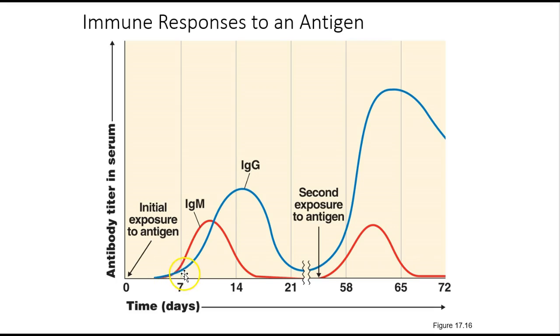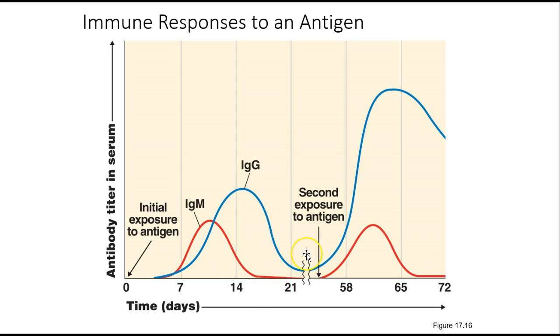As we go through the days, somewhere around here is where you're going to start to feel better, and your body is definitely going to be beating it up. It's because of these IgM and IgGs, right around here. We're going to continue making these for a while until we know that we've completely killed all those items. And then somewhere around day 20 or so, we're going to completely end that process.